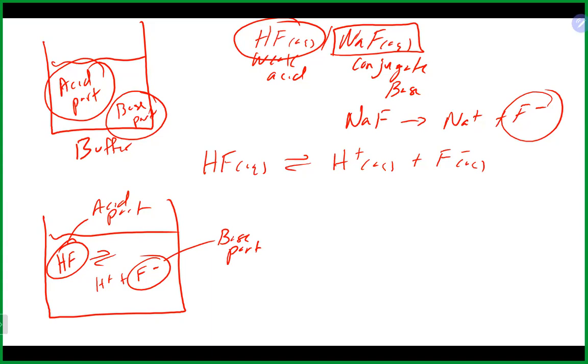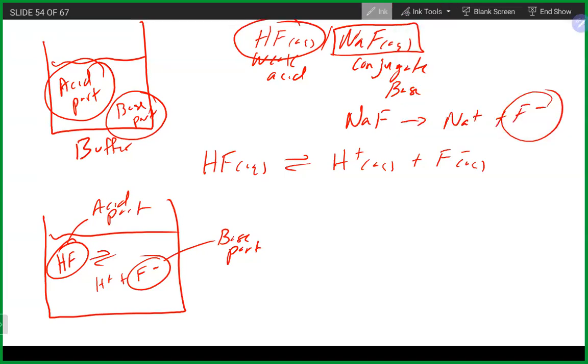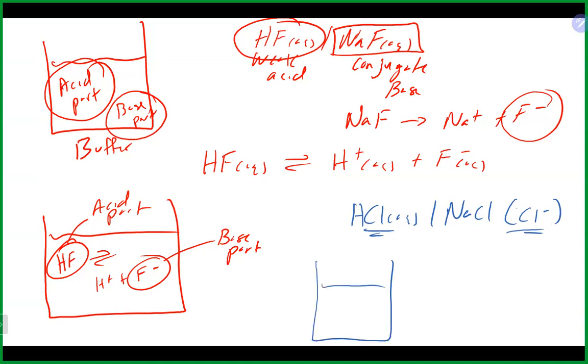And that doesn't happen, for example, if we were trying to make a buffer out of hydrochloric acid and say some sodium chloride here, which would technically be Cl minus as its sort of conjugate. When I would go to do this and put it into here, the problem is this guy right here is hydrochloric acid, which is a strong electrolyte, which means it is going to, when it goes for a swim, not stay together.